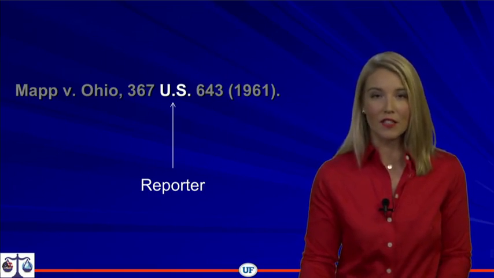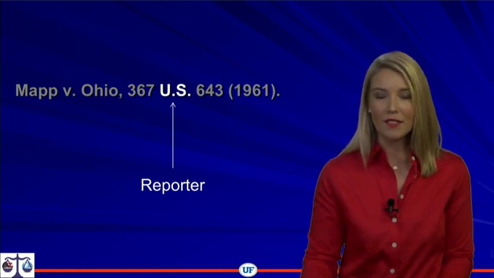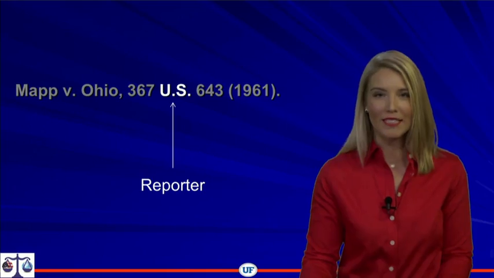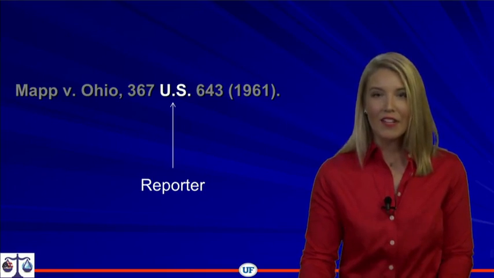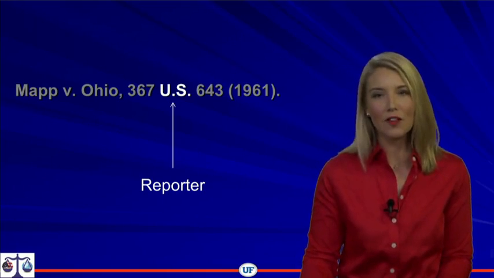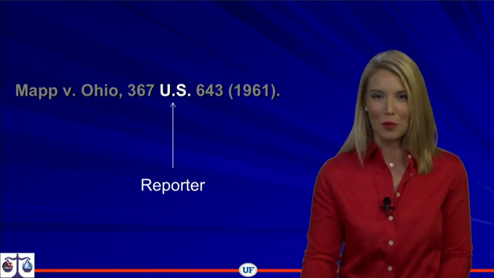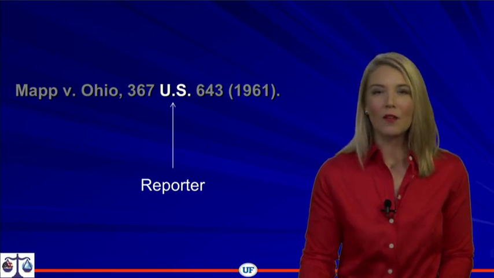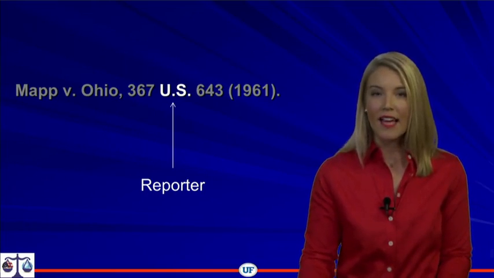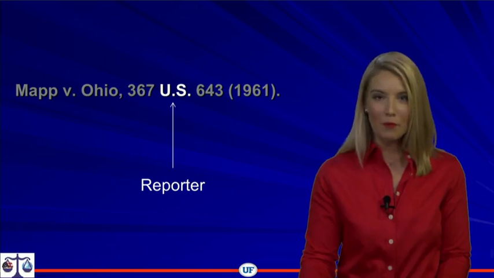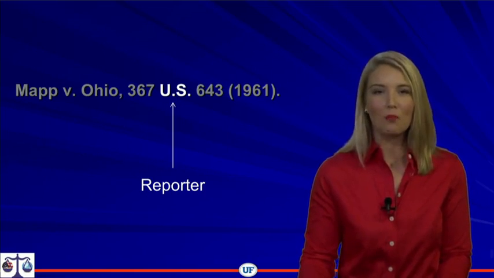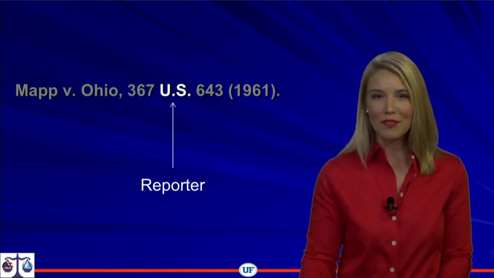For this citation, the U.S. abbreviation stands for a reporter called the United States Reports. And the United States Reports publishes cases from our highest federal court, the United States Supreme Court. So now an American attorney would be able to look at that abbreviation U.S. and know that this case, Mapp versus Ohio, was decided by the U.S. Supreme Court and published in the United States Reports.